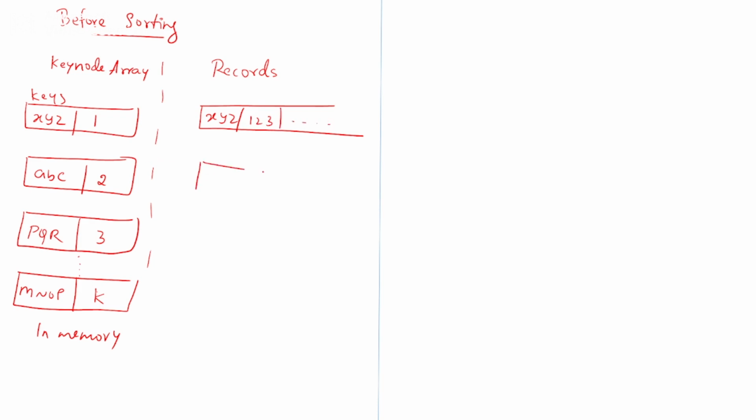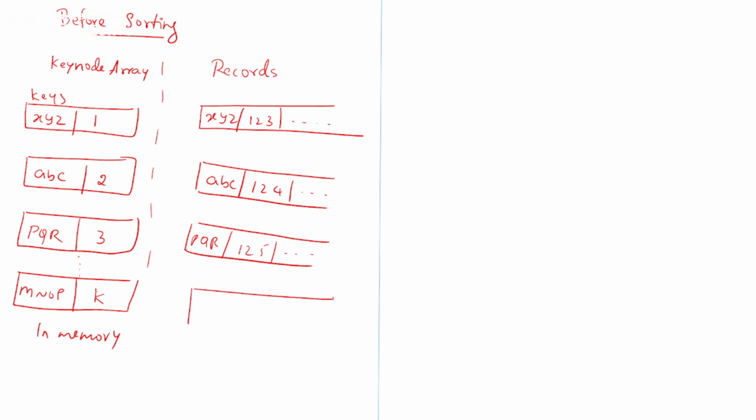Here also you will have the key ABC and some other fields, then PQR is one of the keys with some other fields, and the key MNOP and some other fields. This is what you have in the secondary storage.